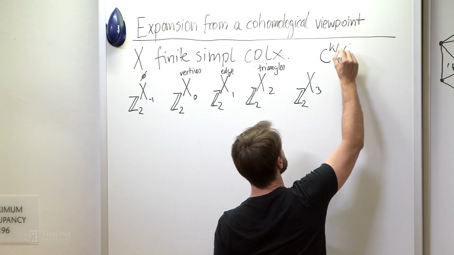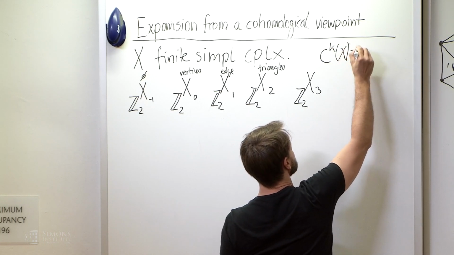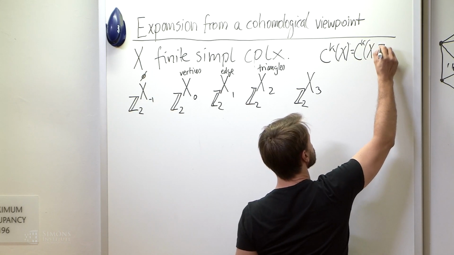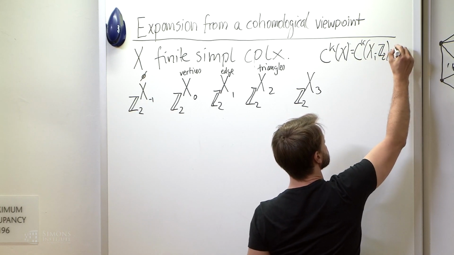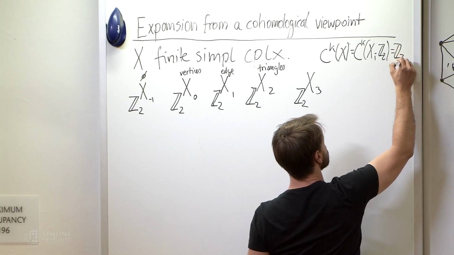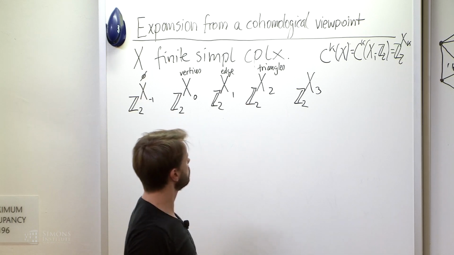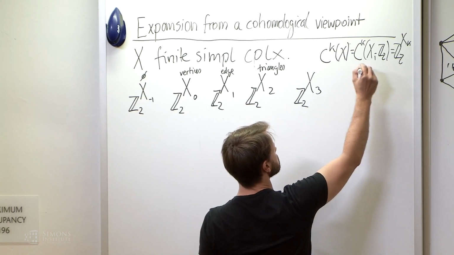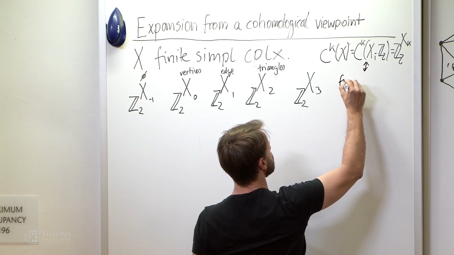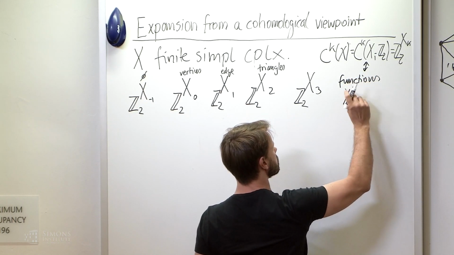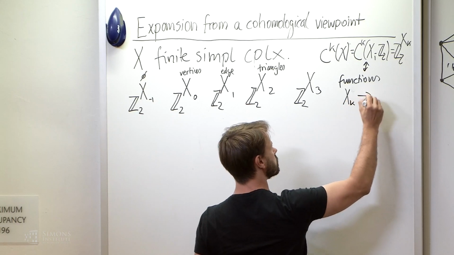Ck of X, which is really the same as Ck of X with Z2 coefficients, is just what I wrote there, Z2 to the Xk. So these are just functions from the k simplices to Z2.